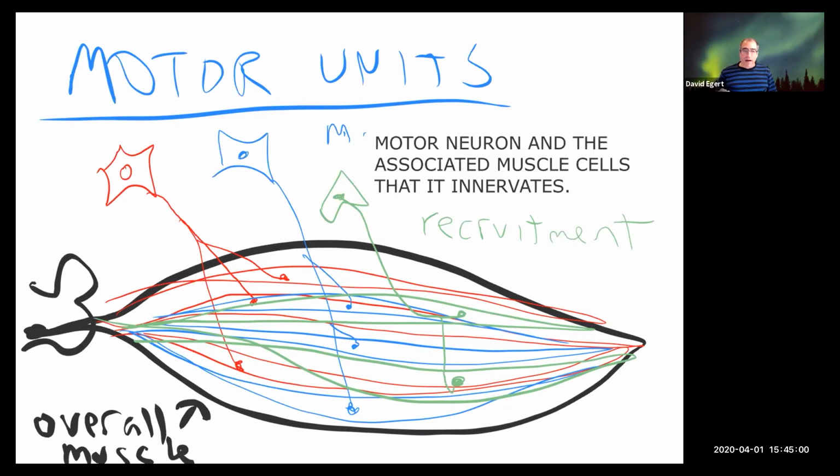So if I want a very delicate force, I only activate a few motor units. If I want a really strong force, I'm going to activate lots of motor units all at once. So even though any one muscle cell is either basically on or off, by recruiting more or fewer motor units, you can have a much stronger or more gentle force generated by the muscle as a whole.